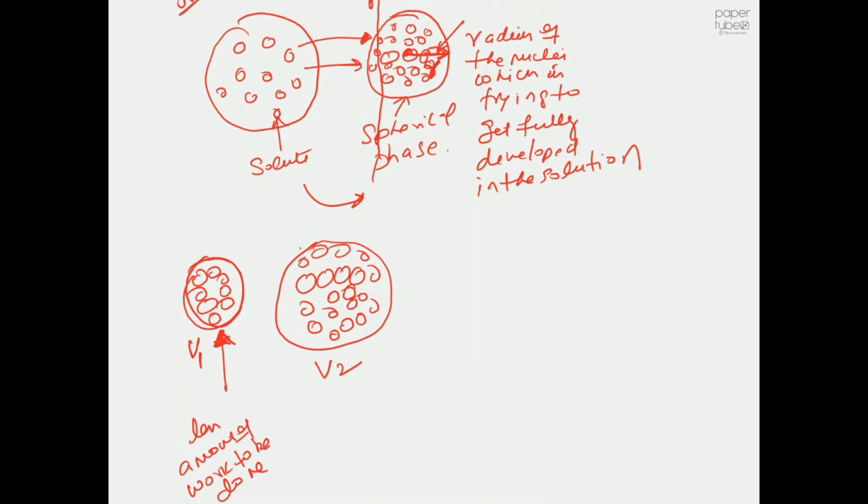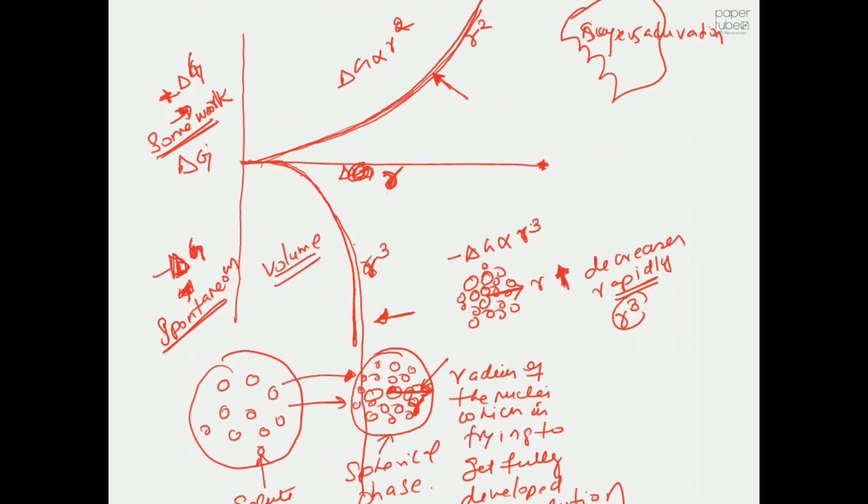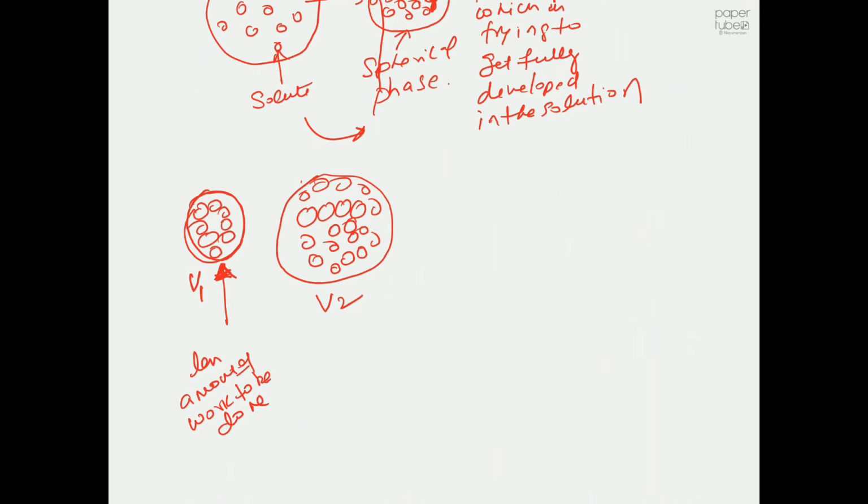So coming back to this topic, you have some free energy. Come back to this diagram, sorry. So you have a small volume. Just assume everything is spherical. I don't know how to draw a 3D image on a 2D paper.